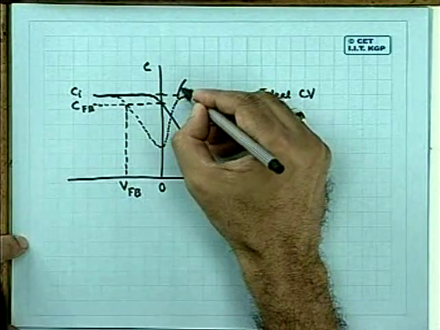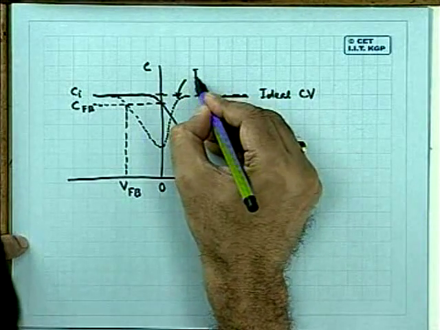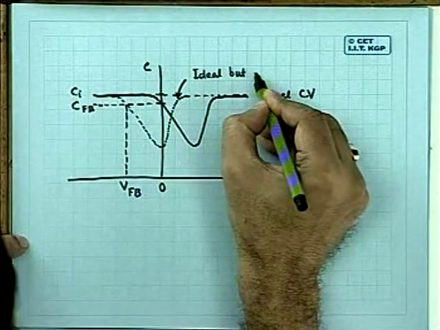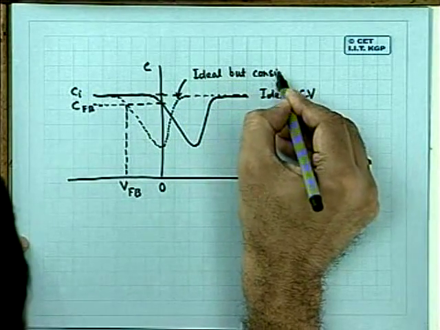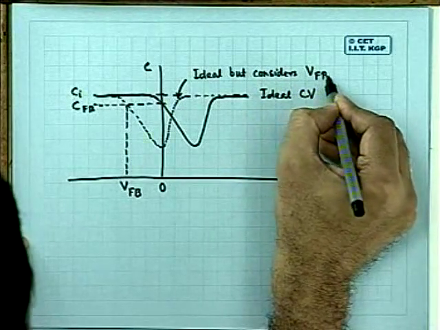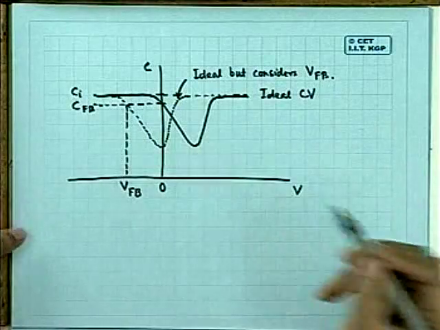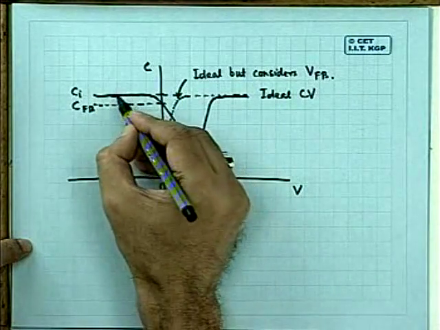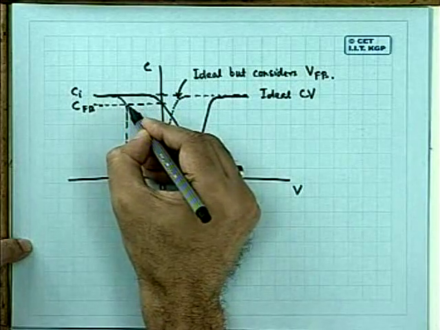This is the ideal but considers VFB. I should have drawn it oppositely. I should have made this curve broken and that solid, because this is the practical curve I expect.